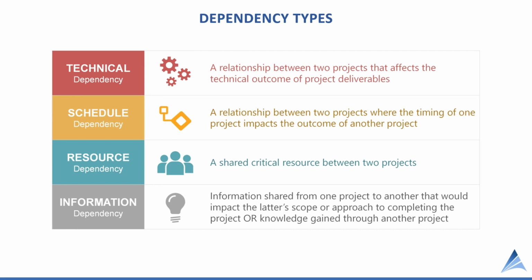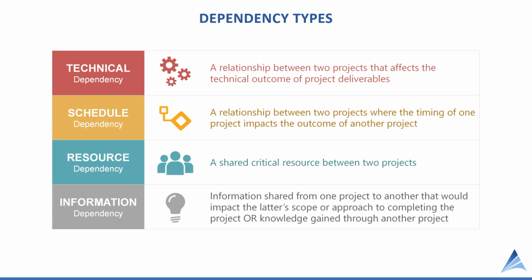A second project is focused on retiring the old system, archiving the data, whatever the process may be. Two separate projects, but the timing of each needs to be accounted for. We can't turn off the old system until the new system is required. And we don't need the old system in order to implement the new system, but in order for the two projects to complete, we need to synchronize.